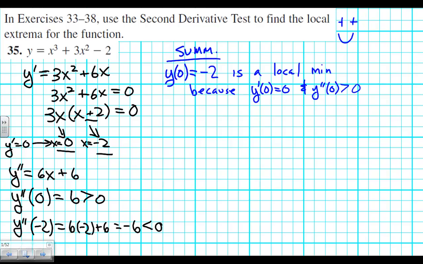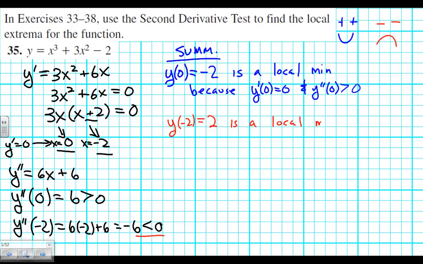Let's do it again. Y of negative 2, which is what? Negative 8 plus 12 is positive 4 minus 2 is positive 2. So y of negative 2, which is equal to 2, is a local, and again, we look here at the second derivative, it's less than 0.